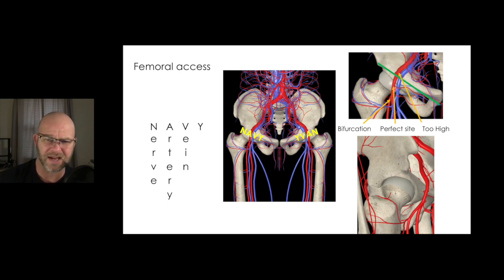So your perfect site for a femoral stick is between the bifurcation of the superficial femoral artery and the profunda and that inguinal ligament. This is deep in the body and it surfaces to come up on this little plateau. On that plateau, it's above a bony process where you can hold pressure and get control of that artery or that vein once you've accessed it.